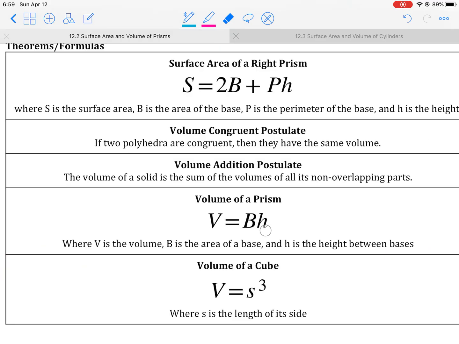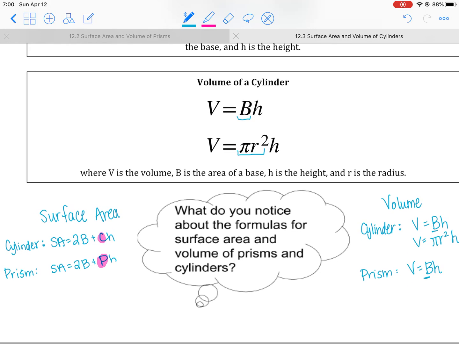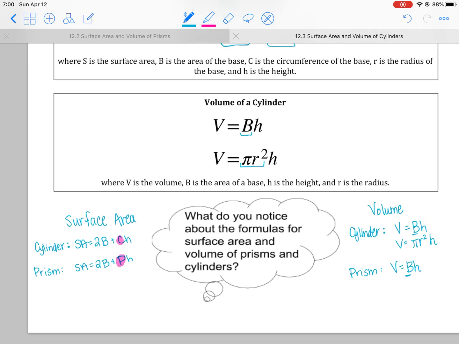It looks a lot alike. Volume equals base times height. It's just that our base is not a circle here. We had rectangles as bases, we had triangles as bases. We can use a hexagon or a pentagon as a base, but notice that the main part of this formula stays the same. So cylinders and prisms are a lot alike when it comes to their formulas.